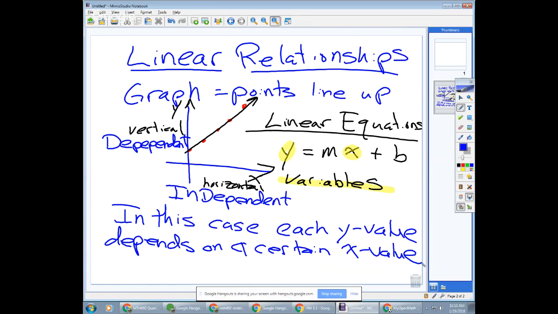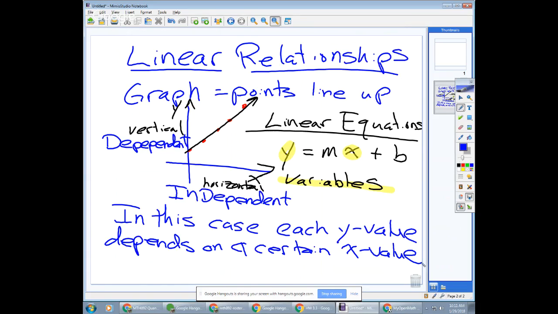Usually the independent variable is something like time. Like in the problem we looked at the other day with the number of healthcare workers in the US, that depends on the year that we look. And typically because the population's growing, there's more healthcare workers each year. So time is independent, but the number of workers depends on the year that we look at. That kind of makes sense? Independent versus dependent.